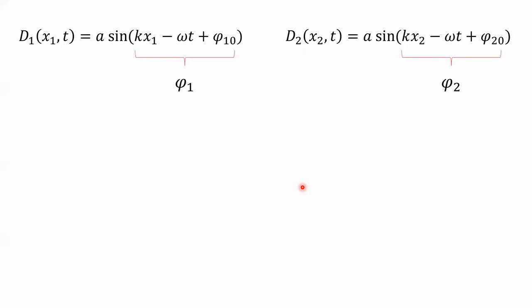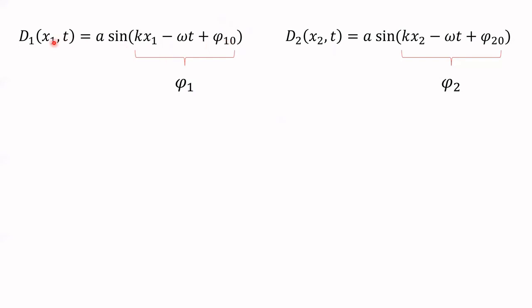Okay, so here's one more piece of terminology. Remember, phi10, that's related to what the speaker's doing when you start the clock. That's called the phase constant, sometimes the phase shift, but the entire quantity inside the parentheses, which is often called the argument in trigonometry, now we're going to call it the total phase, or the overall phase.